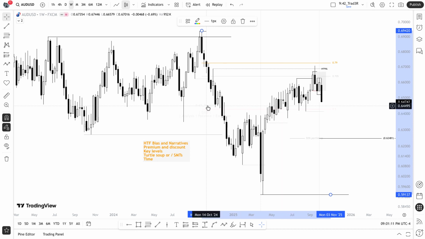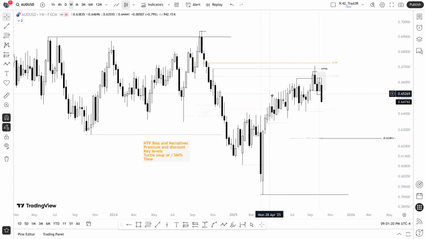I intentionally hide the 50% because I don't really need it, because at the 50% liquidity and consolidations are expected, and sometimes the 50% can be used to create a high to break this low. But preferably look for your setups to form above the 50%, which is the case here.